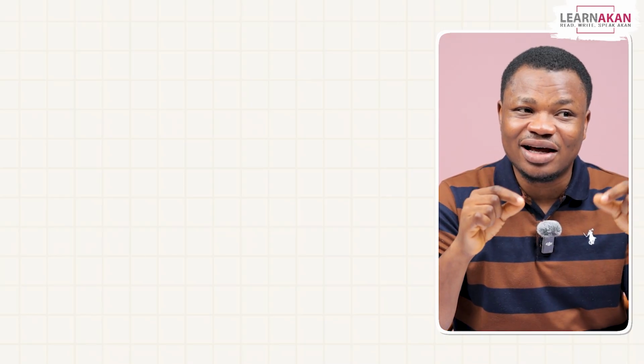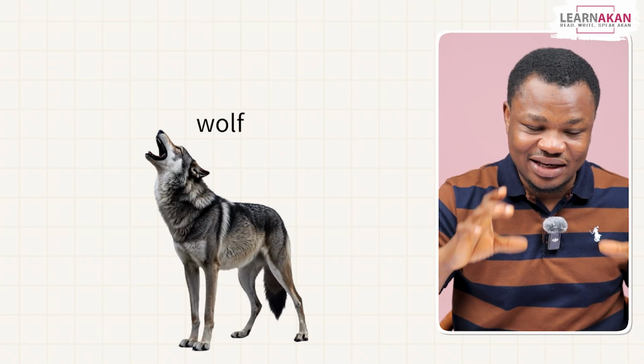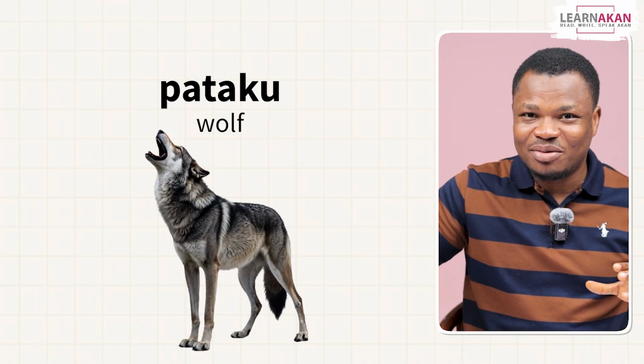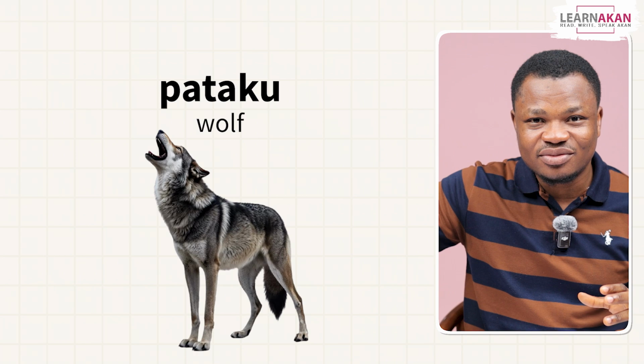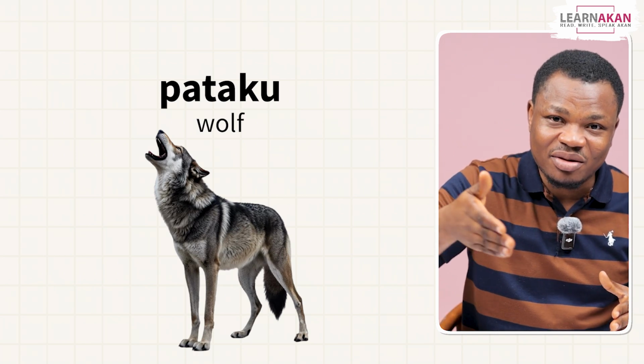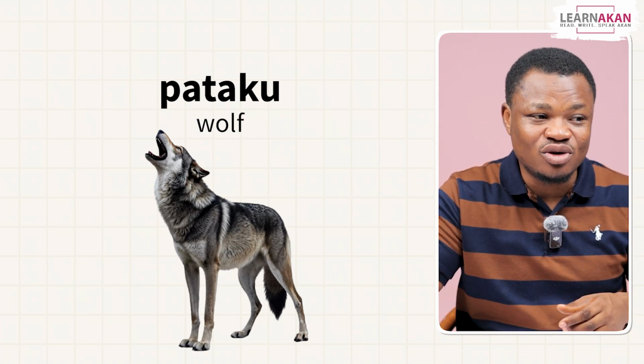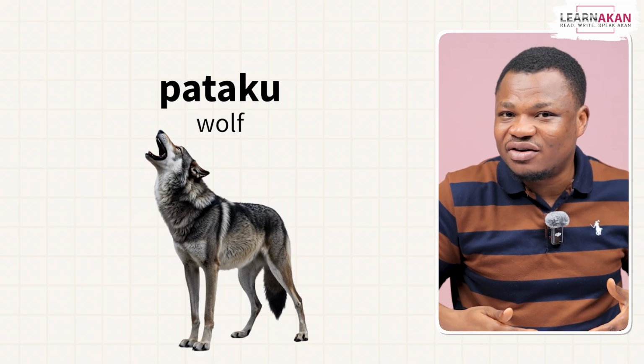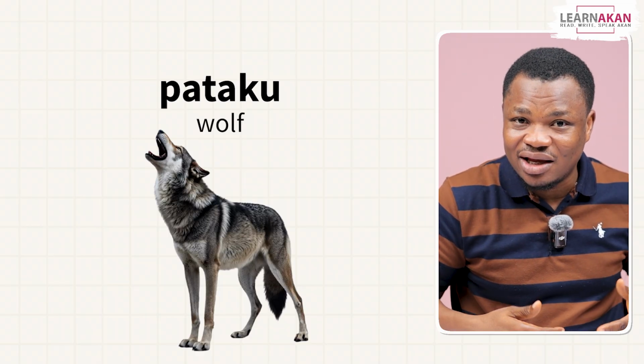So in most cases, you find that for such names, we apply them to more than a single animal. So for example, I have learned that there are no wolves here in Ghana, but we tend to refer to wolves by Pateku as well. So even when you check the Bible, you will find Pateku being used to refer to wolves. But wolves are not native to Ghana. We don't have wolves here in Ghana.